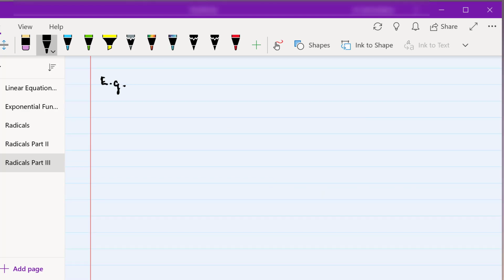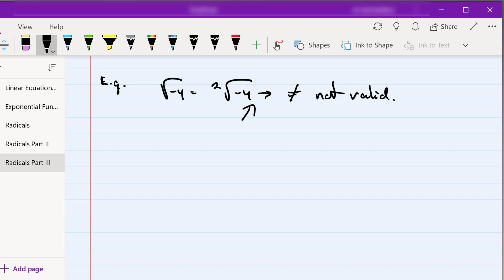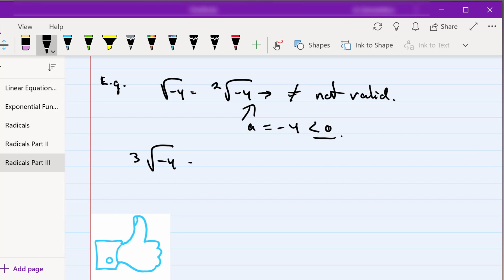So for example, if I have the square root of -4, since the index is 2, where n is even, then we say that this is not valid, since a, which equals -4, is less than 0. However, if the index is odd, then this is permissible, because this is just -4 to the 1/3.